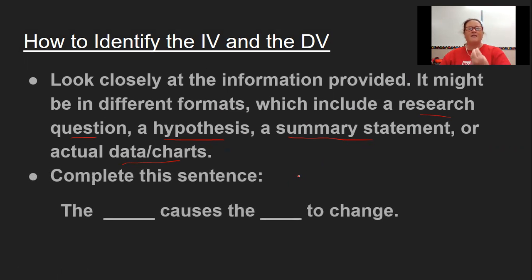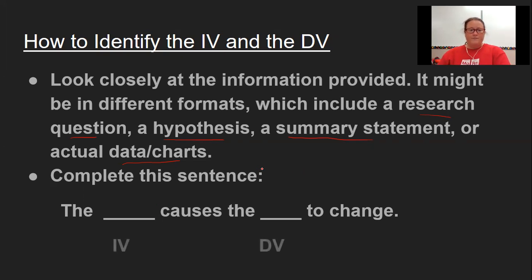The blank causes the blank to change. If you were assigned the independent dependent variable worksheet, this was the sentence that was repeated again and again for you to be able to identify what an independent variable and a dependent variable is.